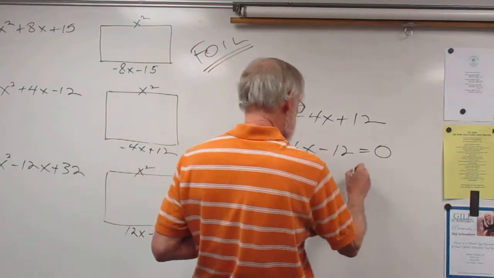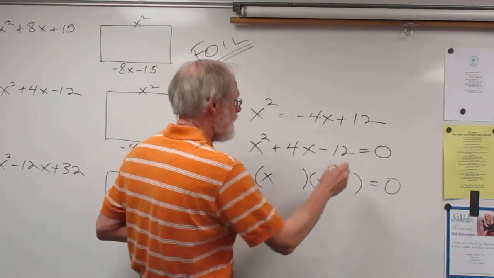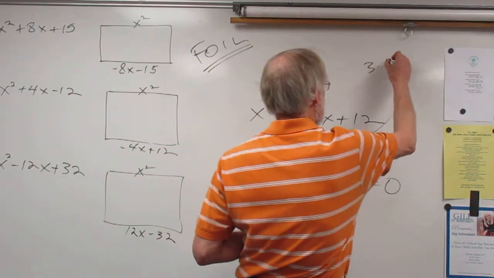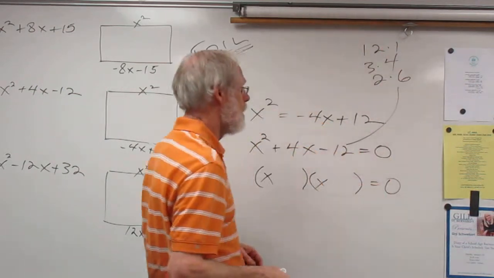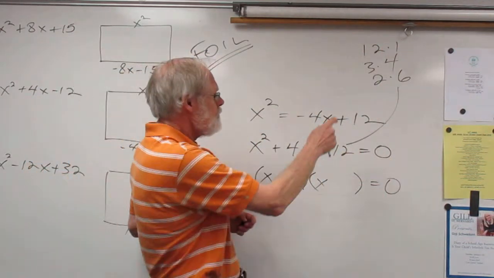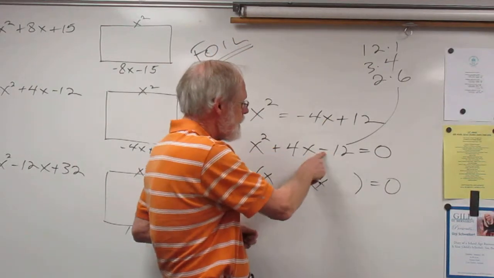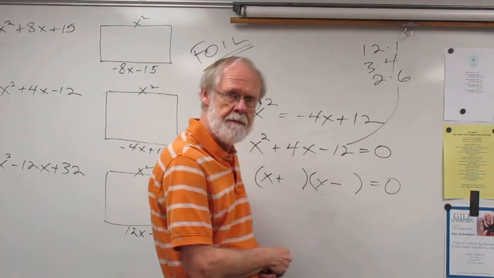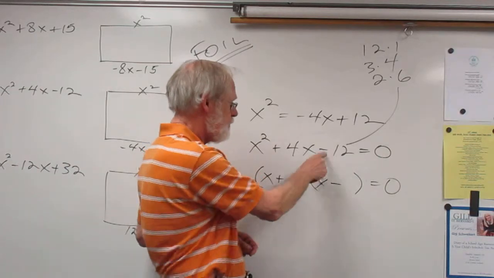So again, we set up the parentheses, and again, we put an x here and an x here. And again, we look at the numbers that could give us a 12, which would be 3 times 4, 2 times 6, 12 times 1. Now, we need two numbers. Remember that the only way to get a minus sign here is if you have a plus times a minus. A minus times a minus would give you a plus, and a plus times a plus would give you a plus.